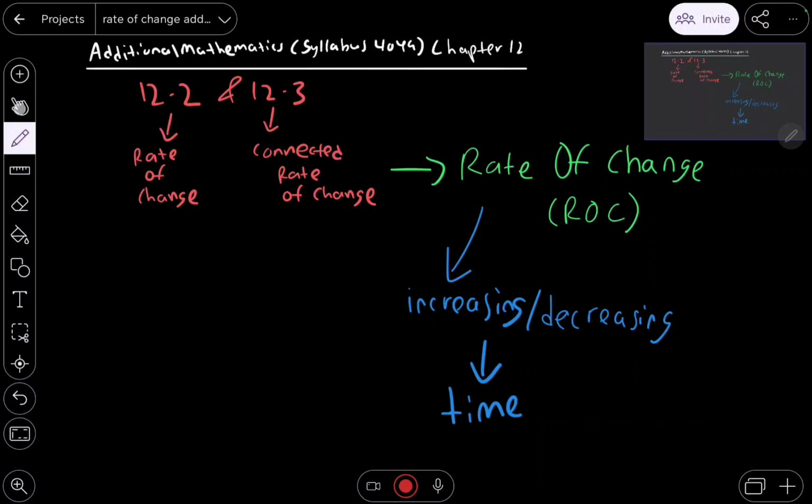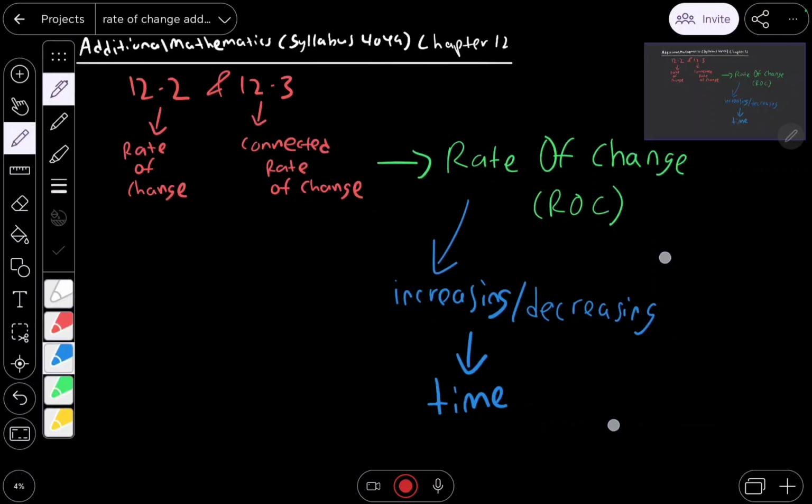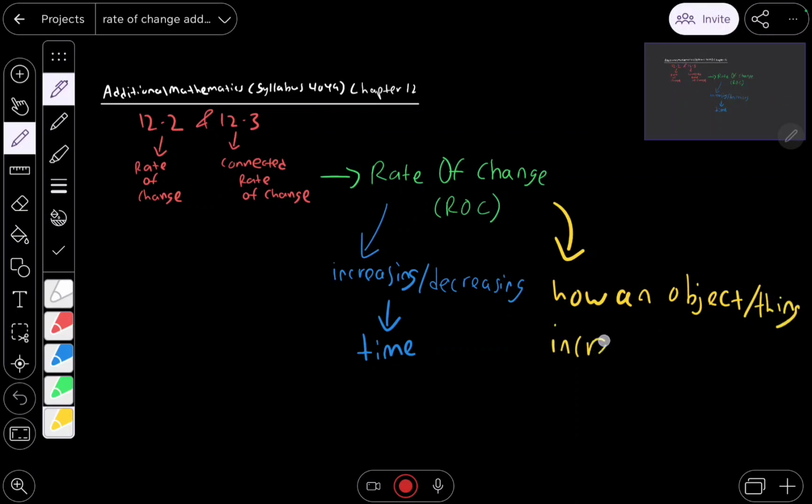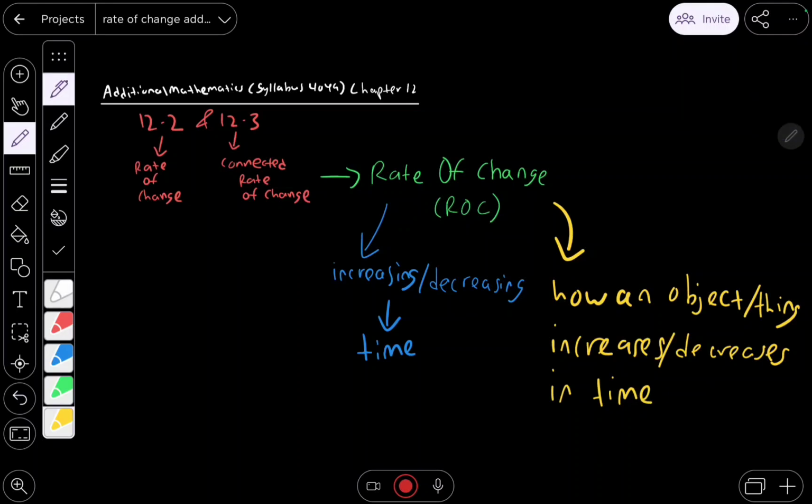So this is what rate of change is: you are going to identify how, let's say, an object or a thing increases or decreases in time. Alright, what do I mean by that? Like how an object or thing increases or decreases in time.